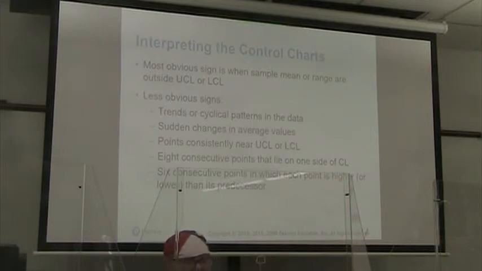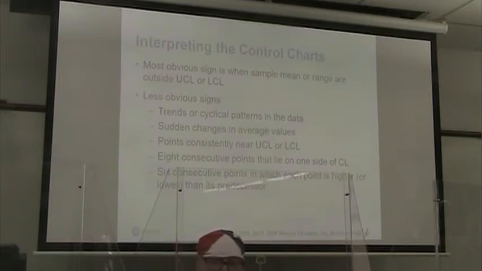Or maybe there is a cyclic pattern that we're worried about causing a problem. Sudden changes in average values may indicate that an adjustment or a tool is not in a good place. Having points that are consistently near the upper or lower control limits, bad sign. 8 consecutive points that lie on one side of the control limit.